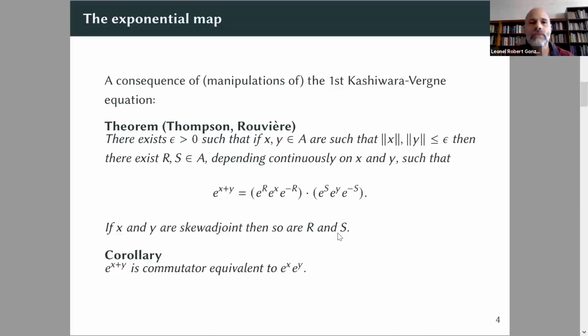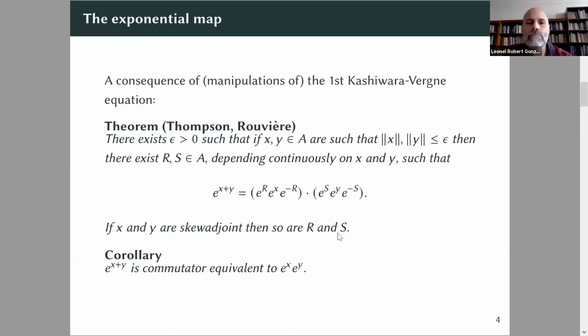Okay. So one more slide about the exponential map. This is a result that does the opposite of the formula that I showed. I have the exponential of a sum, and I want to break it up into a product of two exponentials. This is not a result that is very well known, I think, but it will be quite useful for us, or it has been for me.